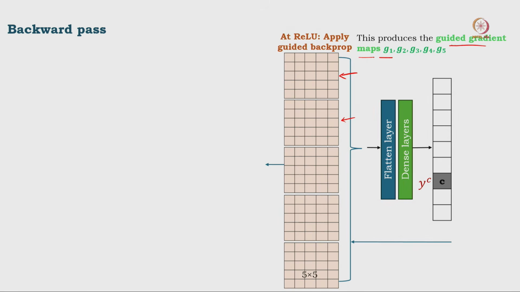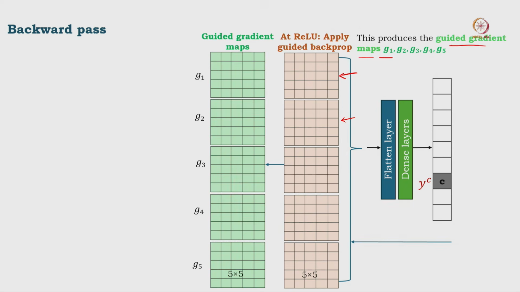So on each of these feature maps, we obtain guided gradient maps. What we saw so far was just one feature map and one guided gradient. Now, when we apply it to the rest, we obtain that many guided gradient maps.